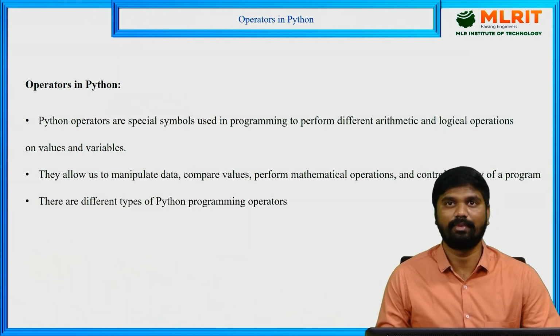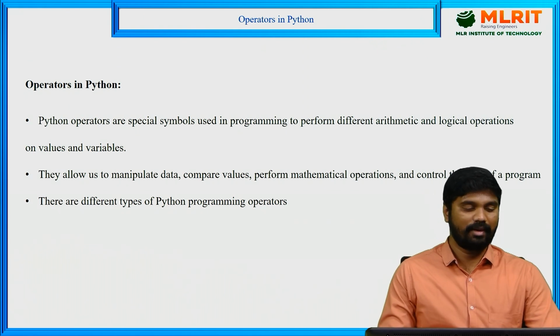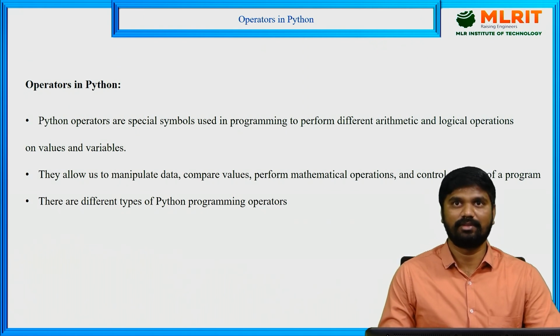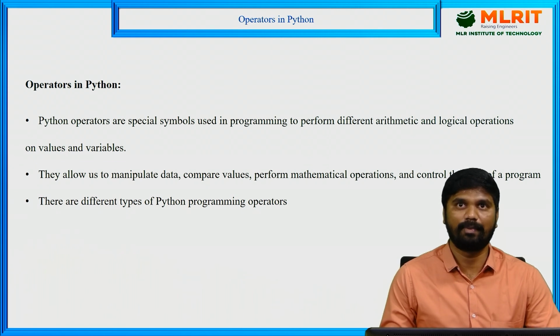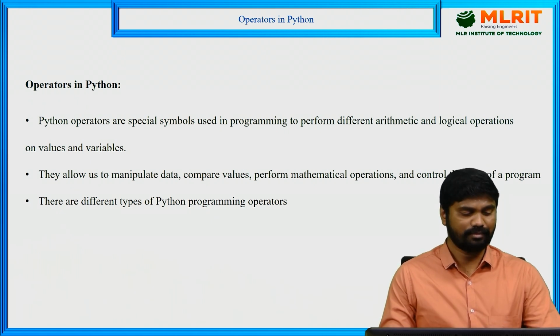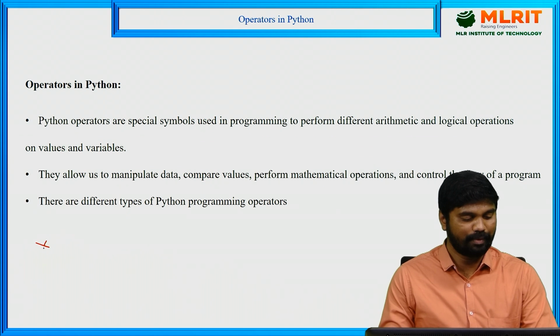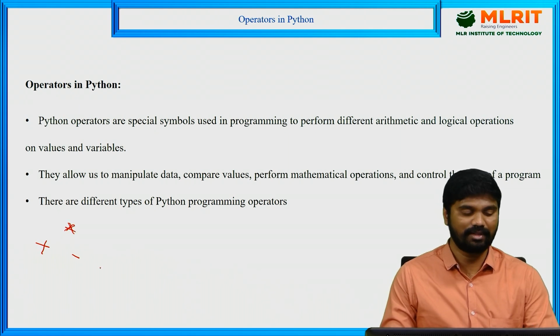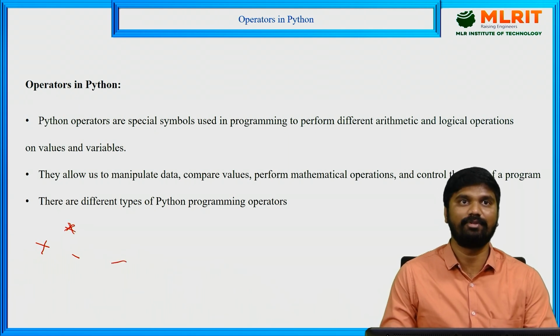First, what is an operator? Operators are special symbols used to perform arithmetic and logical operations on variables as well as on values. An operator is a symbol. For example, plus is a symbol, minus is also a symbol, multiplication is a symbol, and division is a symbol.